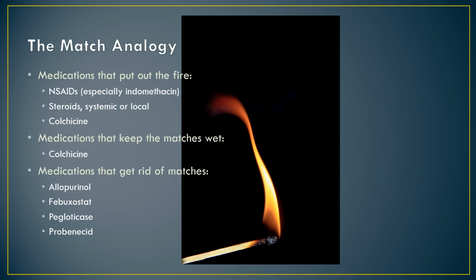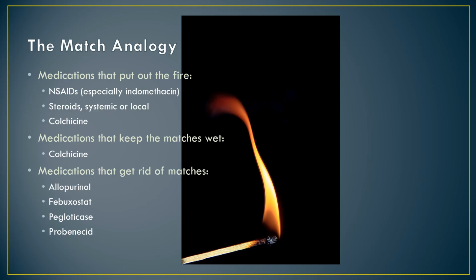But for those who can take it, we often will start with NSAIDs. You can use any high-dose non-steroidal anti-inflammatory and get a good response. Oftentimes we use indomethacin because it's especially good at treating gout.